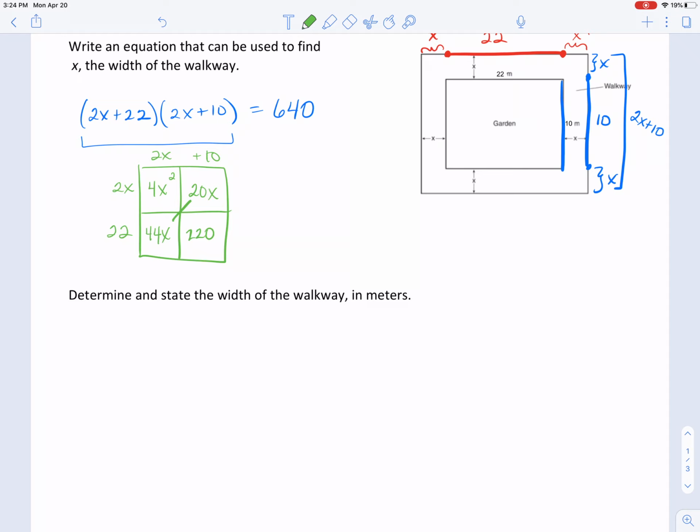Combine these like terms, so it's going to give me 4x squared plus the 44x and 20x is 64x plus 220 is equal to the 640.